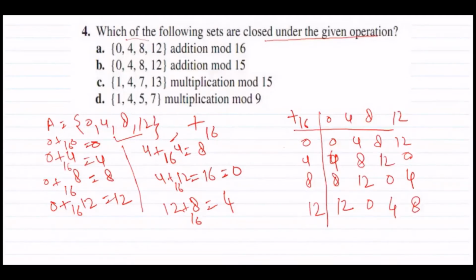So we see in each row and each column are elements of A only. So this is closed under the given operation.